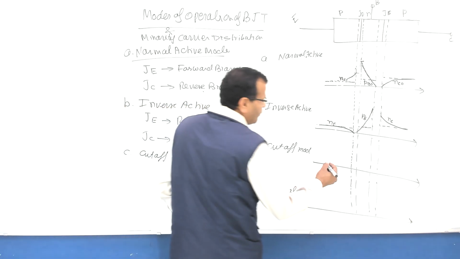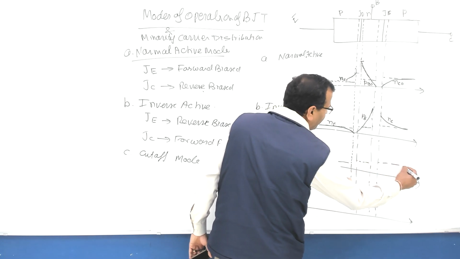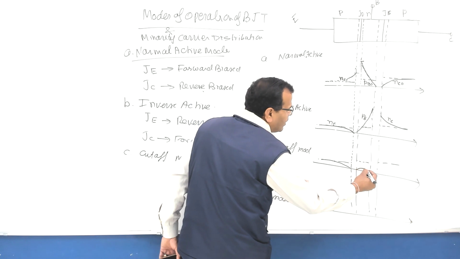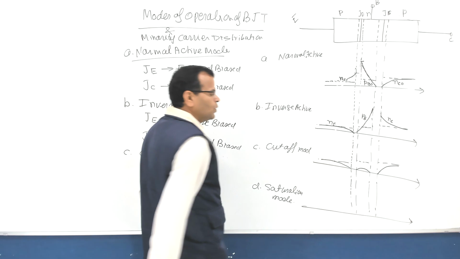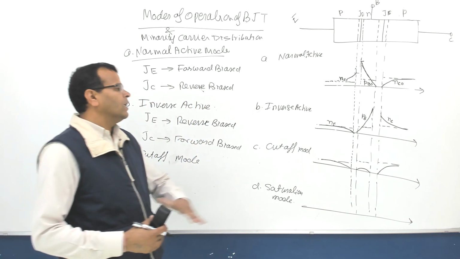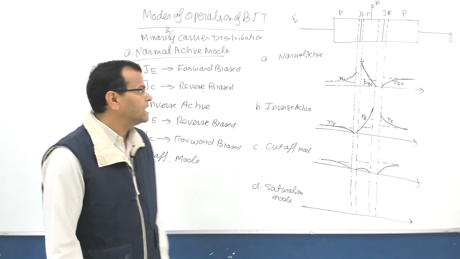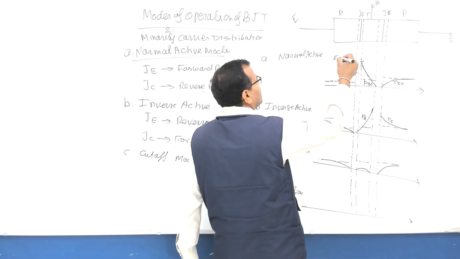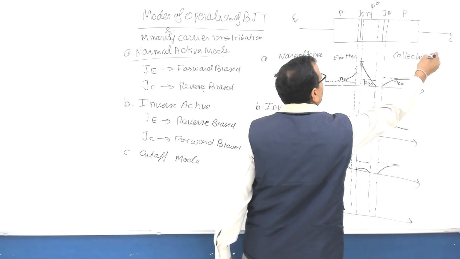So on this side, if you draw the concentration of the minority carriers at thermal equilibrium, it will be increasing like this. So on both sides it is 0. That is how the concentration of minority carriers in cutoff mode will be varying across the regions of the transistor. Fine. So this is the emitter side, and this is the collector side.